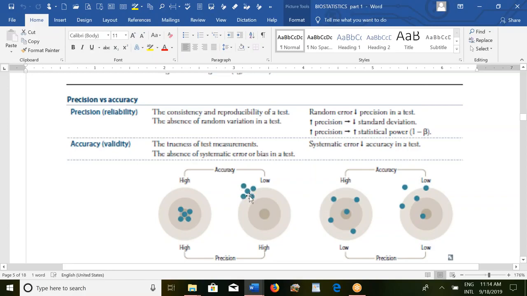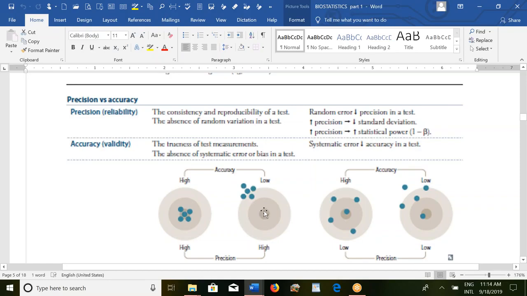You are seeing the cluster, so you will say that this is highly precise for a low group where the chances of finding something were low. Here the accuracy is high. Why? Because all the results are coming near the expected value, right? So here the accuracy is low because the test results are away from the central value.